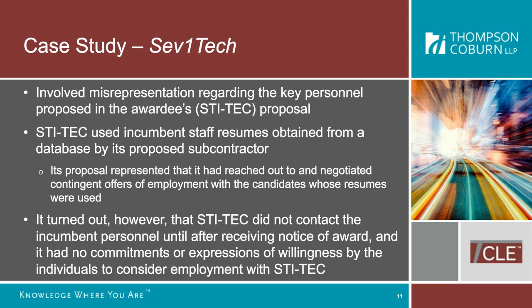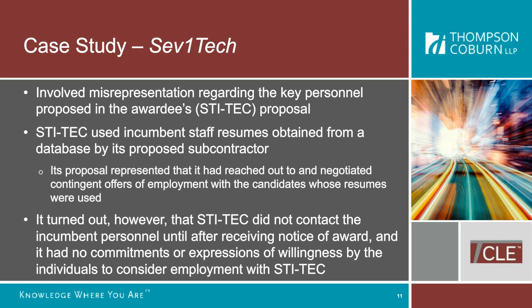I'm just going to briefly describe the facts in this case, but it involved a misrepresentation regarding the key personnel proposed by the awardee, which is STI Tech, in its proposal. STI Tech used incumbent staff resumes. Now, it got those resumes from its proposed subcontractor, who apparently had access to resumes in a database of people who had worked on prior task orders for this agency and this type of work.